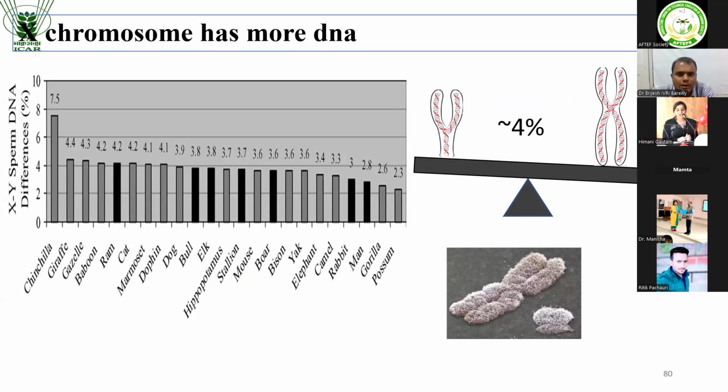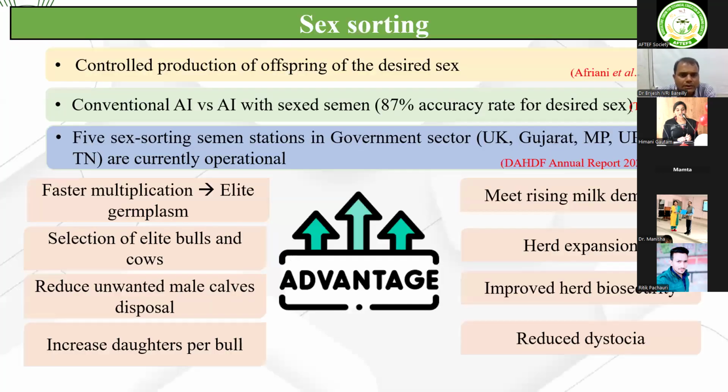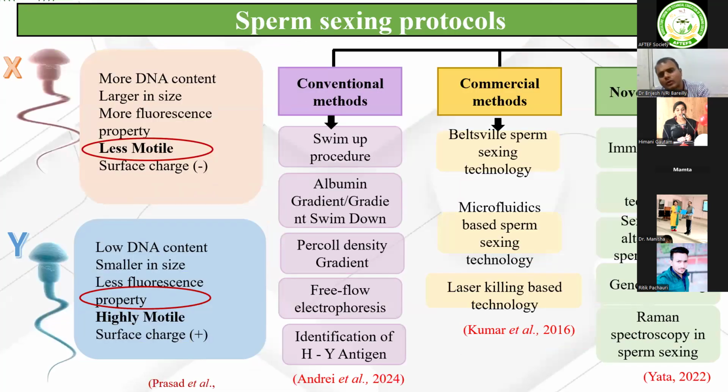This sex sorting, if you see, sex sorting stations have been established in Uttarakhand, Gujarat, Madhya Pradesh, Uttar Pradesh, and Tamil Nadu. If you see sexing protocols, conventional methods are there, commercial methods are there, novel methods are there.